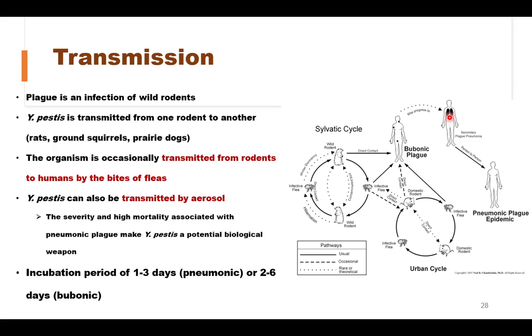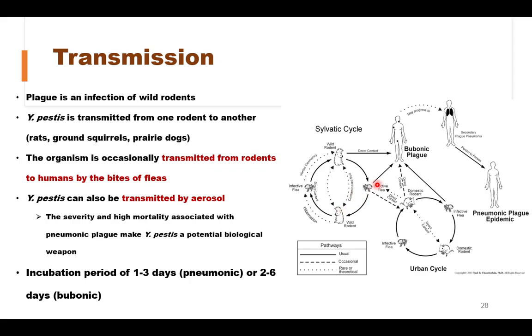So this person is not coming into contact with the rat, or the flea. Are you following? But an infected individual theoretically can send it. So we say it's a secondary pneumonic because now the lungs are the main organ affected. Are you following? So that is one.